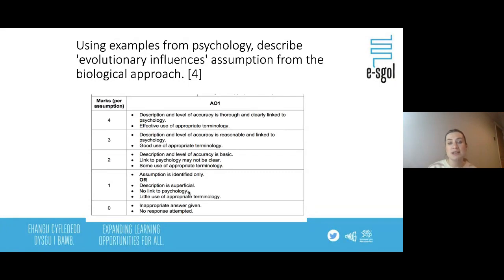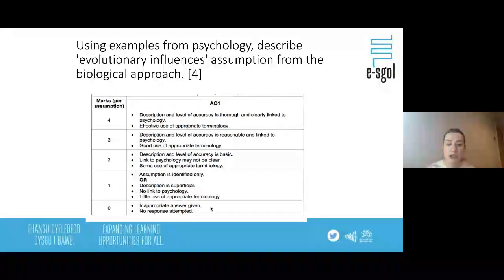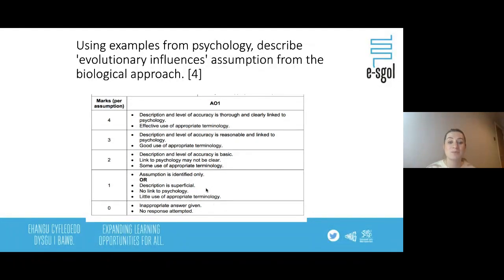So if you don't use an example in your answer, you will only get 1 mark. Okay, same, if your terminology isn't there and it's quite basic, you will only get 1 mark. So we really got to do more than that to get ourselves up this mark band.